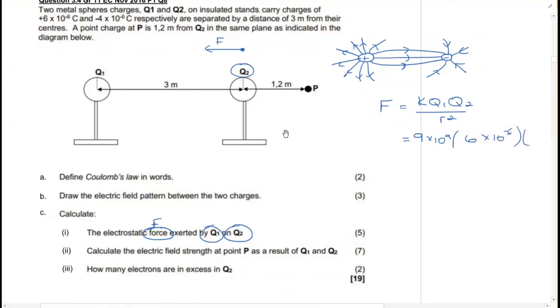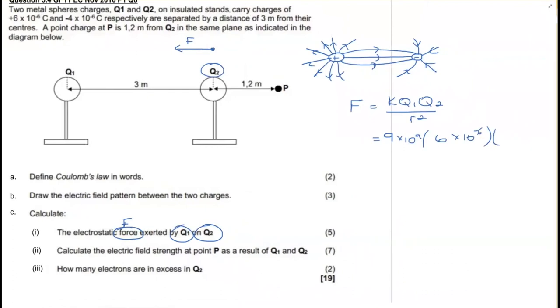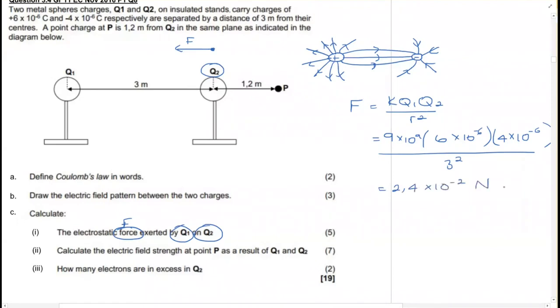I'm going to ignore that negative and not substitute in that negative, because we've already reasoned our direction. Okay, we don't need the negative. We've reasoned our direction already. Our distance is 3 meters, and don't forget to square it. And that gives us 2.4 times 10 to the minus 2 newtons left. They didn't say magnitude, so you do need a direction.